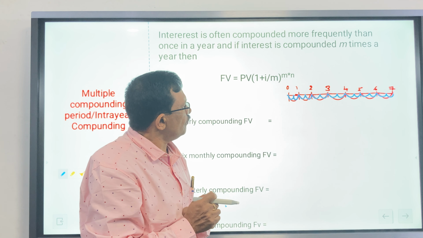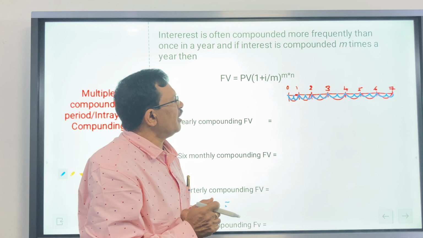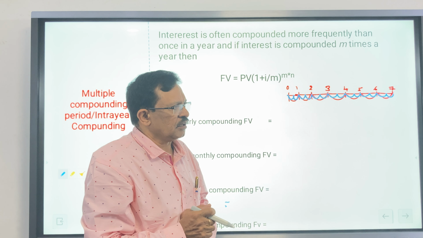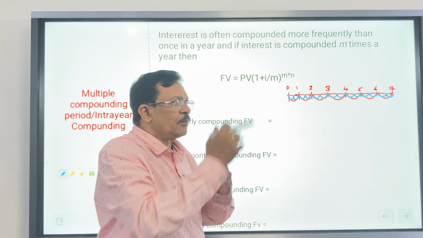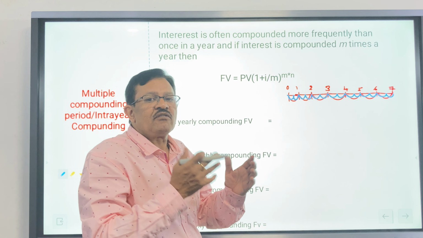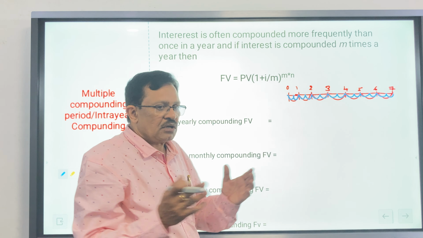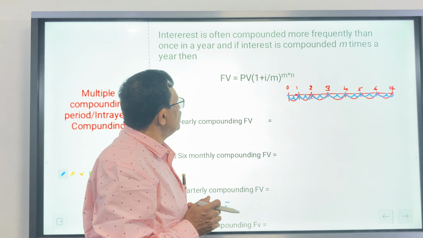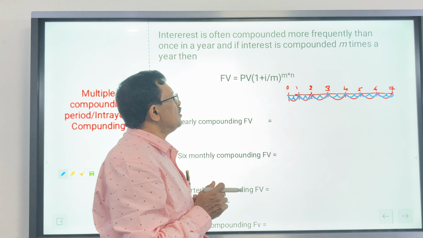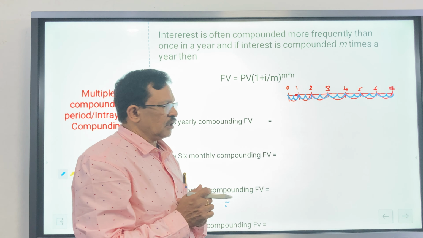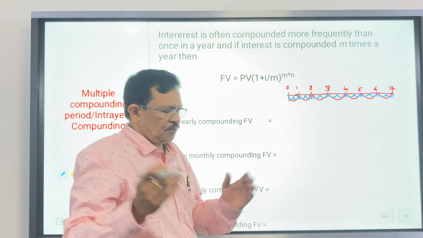If you wanted to find out the future value of money deposited in the bank for 30 long years, compounded on a half-yearly basis, it becomes very, very cumbersome to use ordinary calculators or the existing formula. So for this, we have another formula through which we will be computing the multiple compounding periods future value.